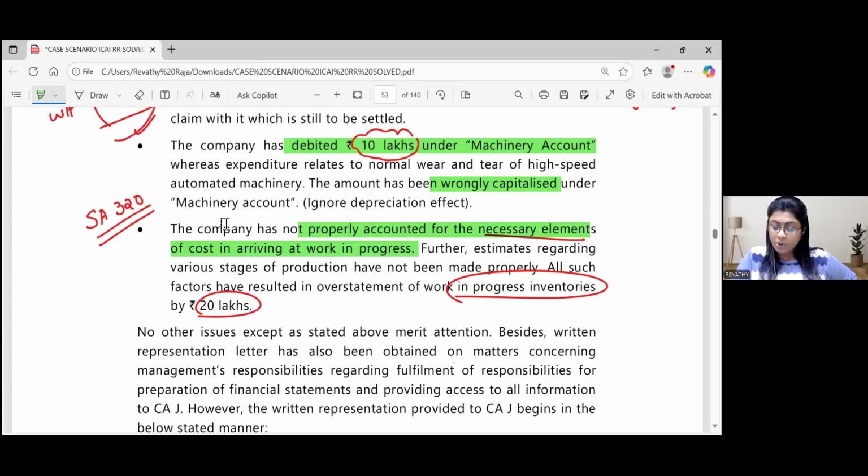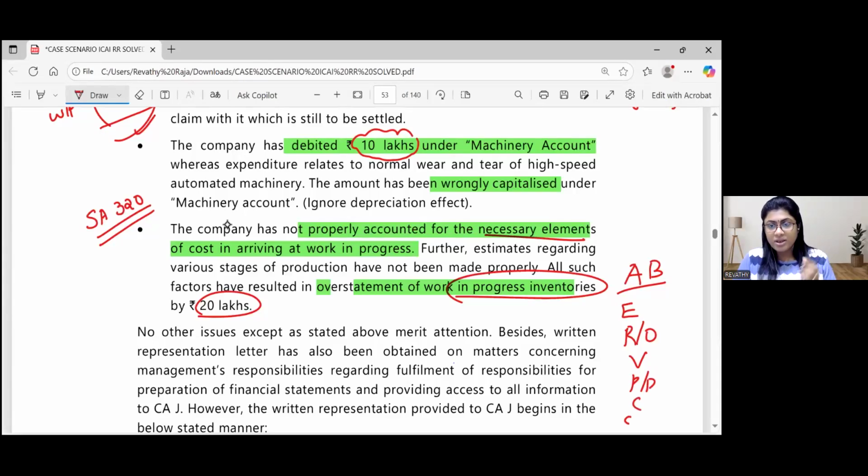All such have resulted in overstatement of work in progress. Work in progress inventory is a balance sheet item, an account balance. For account balance, assertions are existence, rights and obligations, valuation, presentation, disclosure, completeness, cutoff.